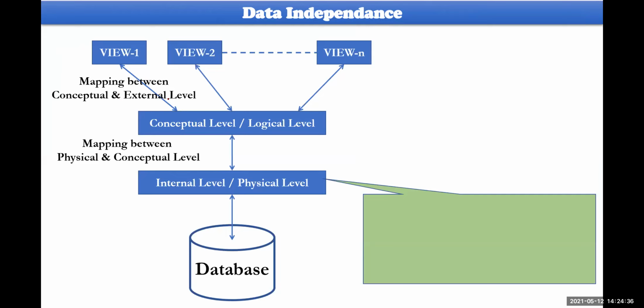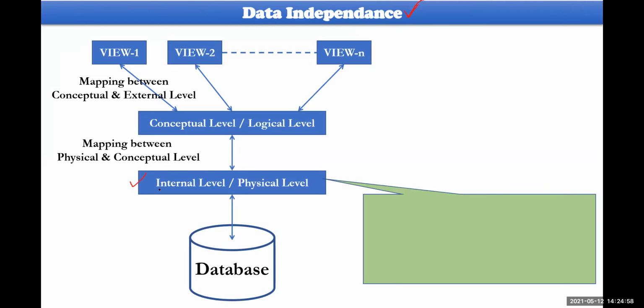So data independence in the sense, what is the overall or generic definition for data independence? If any modification is done at one level, in the sense one schema, it should not affect the higher schemas.